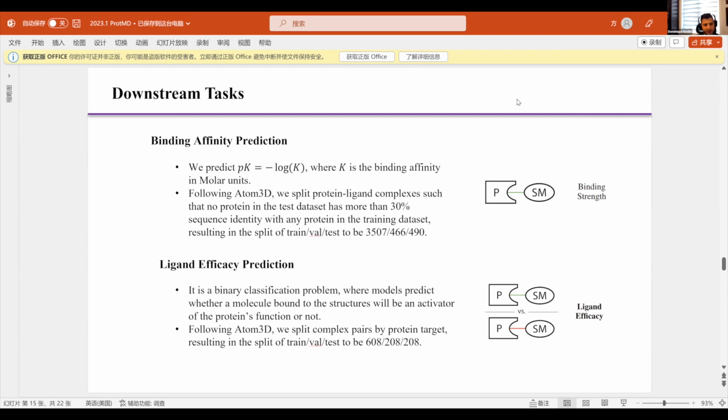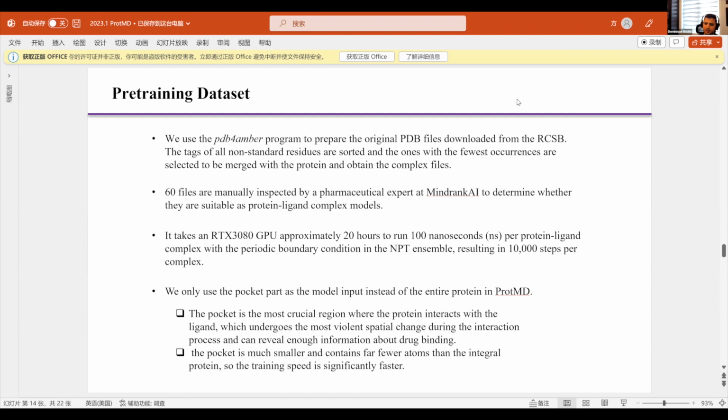Okay, and for how long were the simulations run? Do you think that longer simulations would be beneficial also, or is this enough to get the model pre-trained? In fact, for our non-ab-initio molecular dynamics simulations, I think maybe 100 nanoseconds is enough.